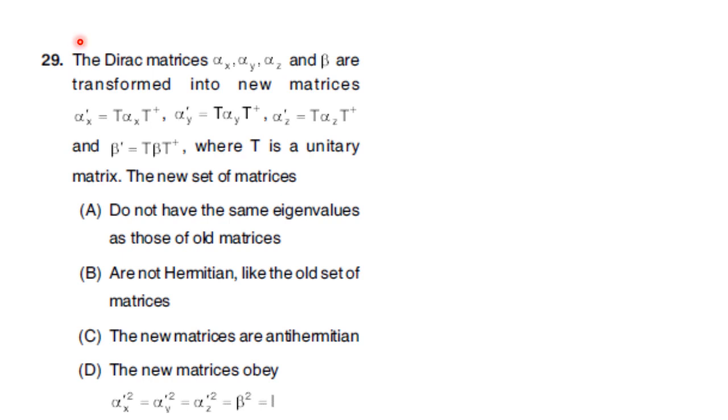The Dirac matrices alpha x, alpha y, alpha z and beta are transformed into new matrices alpha x prime, alpha y prime, alpha z prime, beta prime, where T is a unitary matrix. The new set of matrices are? So as we know, under unitary transformation, eigenvalues of old and new matrices are same.